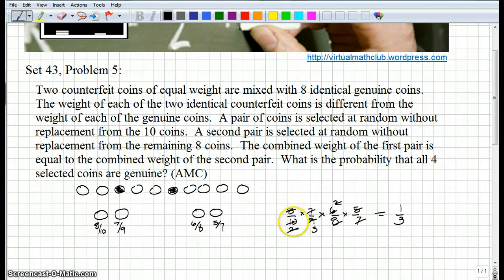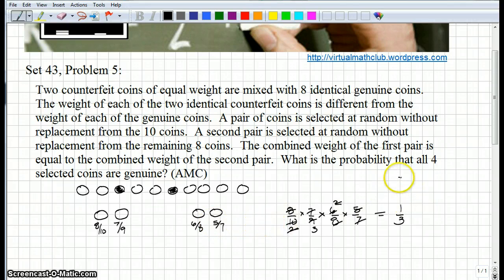We're going to have 10 times 9 times 8 times 7 different possibilities for the 4 coins, and this is out of all of the possible coins, including when the pairs do not weigh the same.